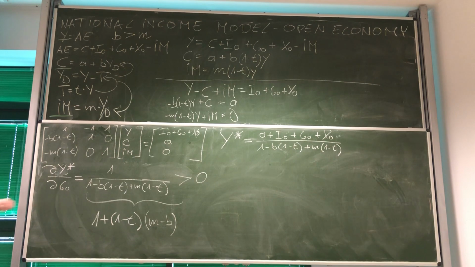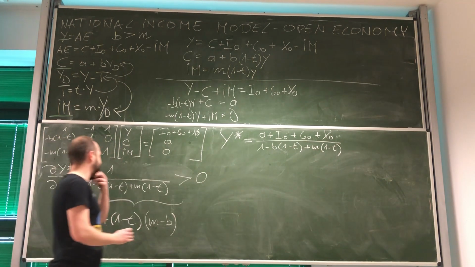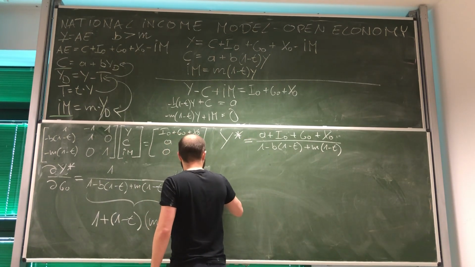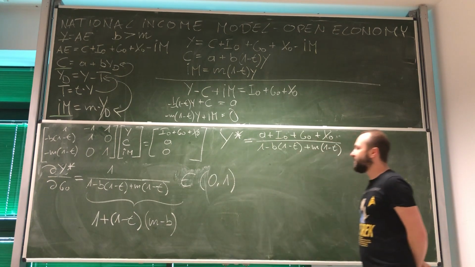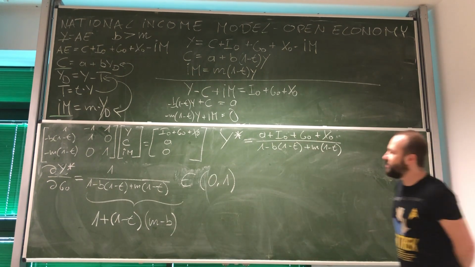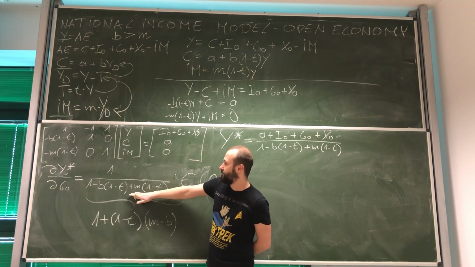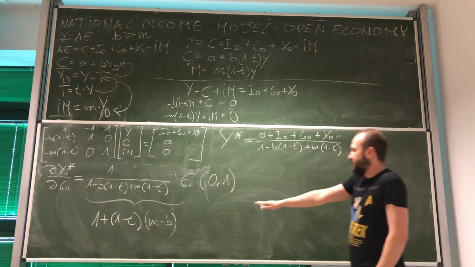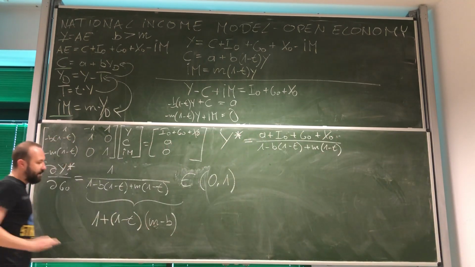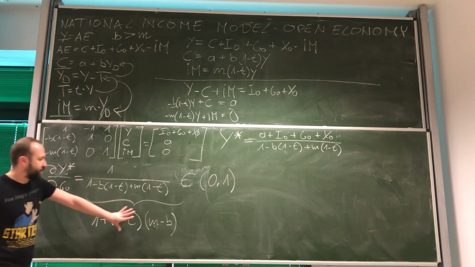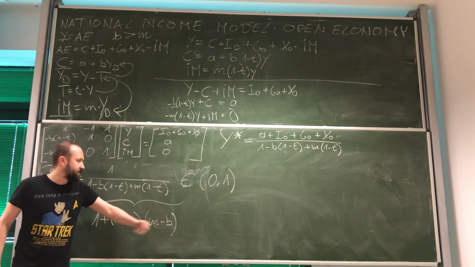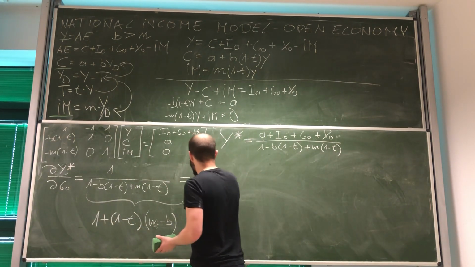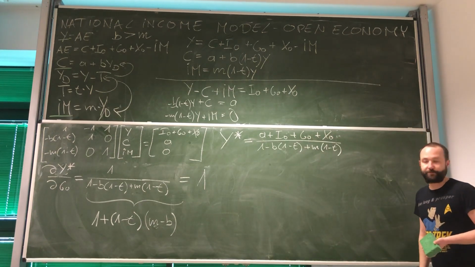And if this would be the case, we could say that the comparative static over here is always somewhere between 0 and 1. Why? Because we divide 1 by a number that is clearly bigger than 1. However, if b and m are equal to one another, this expression is gone, right? Because they are equal, so this turns into 0. And our multiplier is equal to exactly 1.